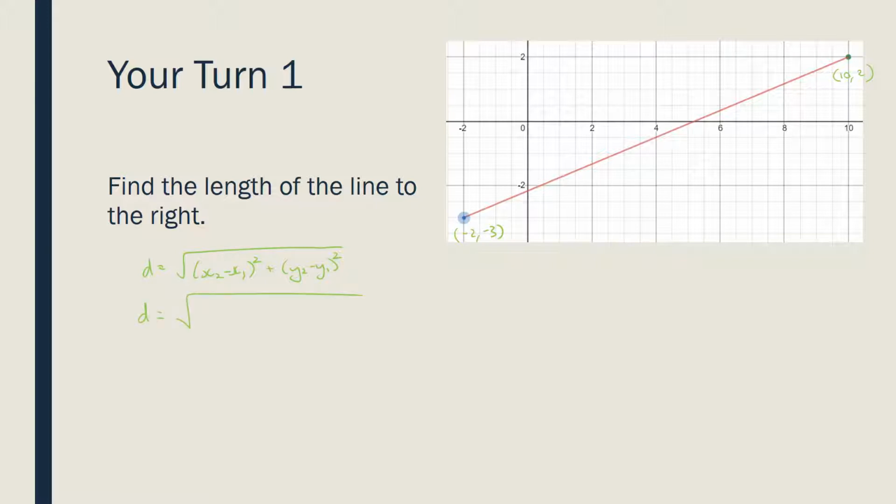We're going to get 10 minus -2 squared plus 2 minus -3 squared. So our distance is going to be 12 squared plus 5 squared. So we're going to get the square root of 144 plus 25, which is the square root of 169, which is going to be 13. So that's the distance for that one.